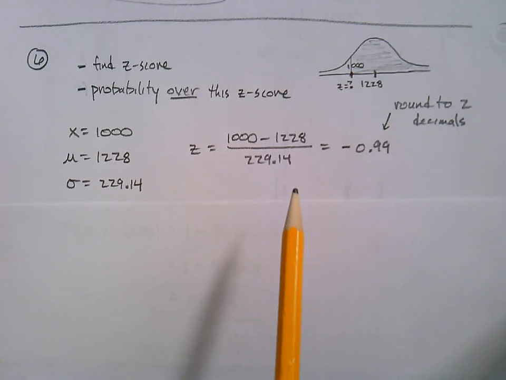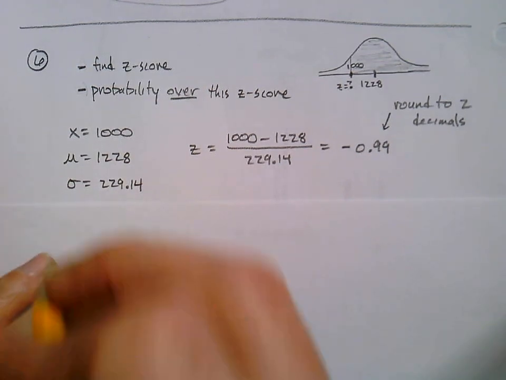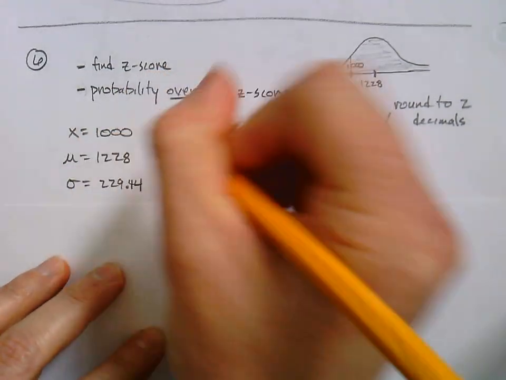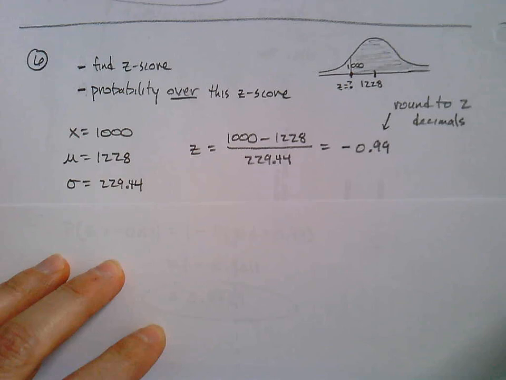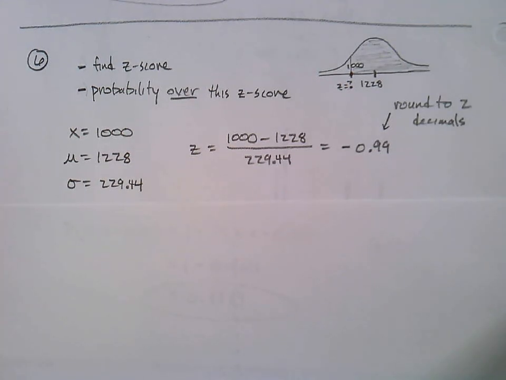Oh, they said 44 in the question, didn't they? Not 14. 44. Hopefully my answer is still correct. Let me just double check that. 1,000 minus 1,228 divided by 229.44. Yeah, that's still going to round the same way.